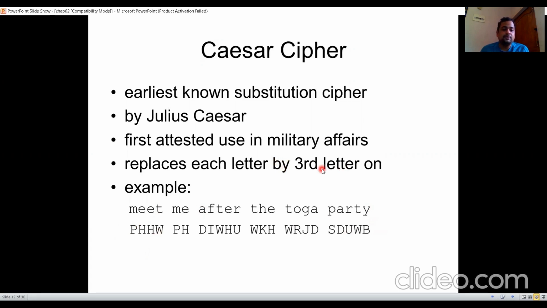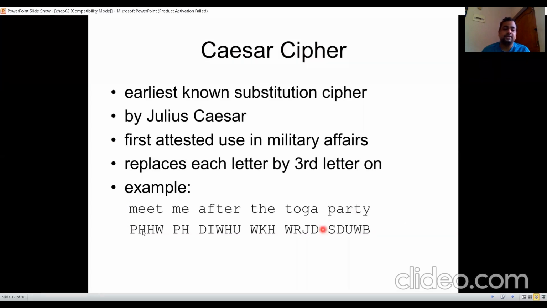If it's an M, the next characters are N, O, P. So P is the character. Now P will be replaced by M. So the plaintext is M and the ciphertext is M plus 3, and the key here is equal to 3.